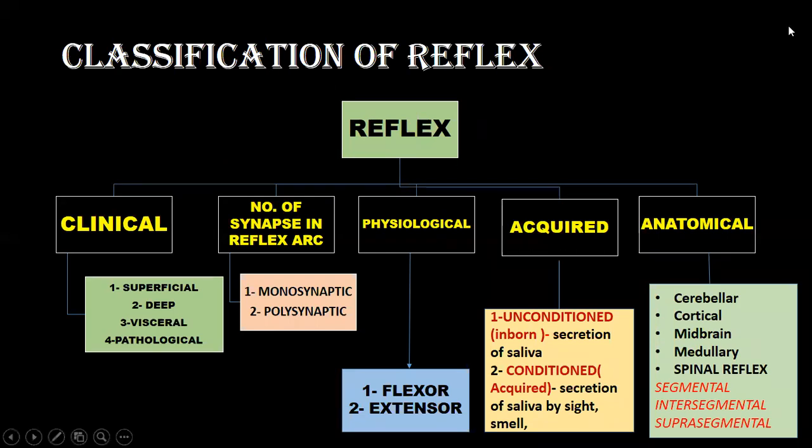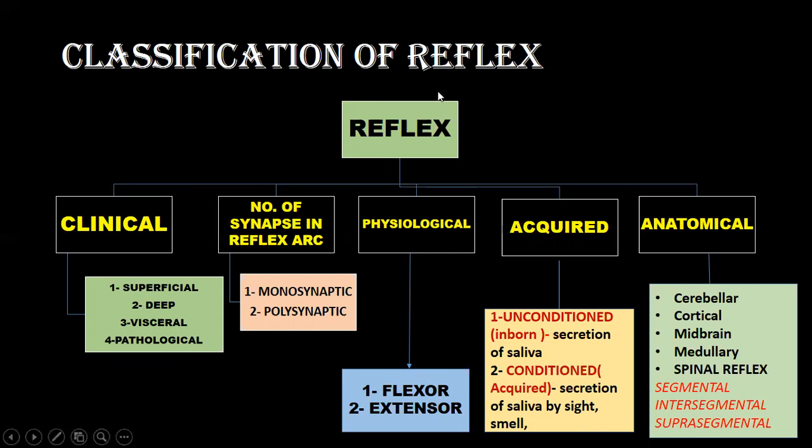For example, suppose there is a hot flame and we suddenly put our hand over it. The reflex activity by our nervous system comes into play and we suddenly withdraw our hand. So this complete action is known as the reflex action. Therefore, we call it an involuntary movement.